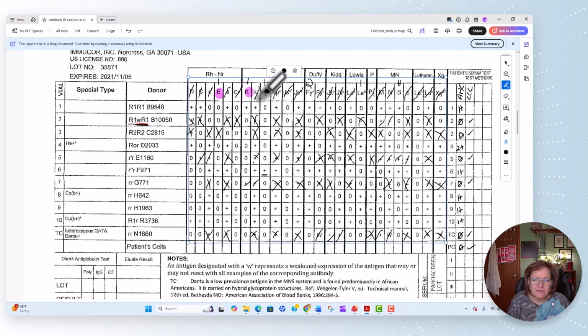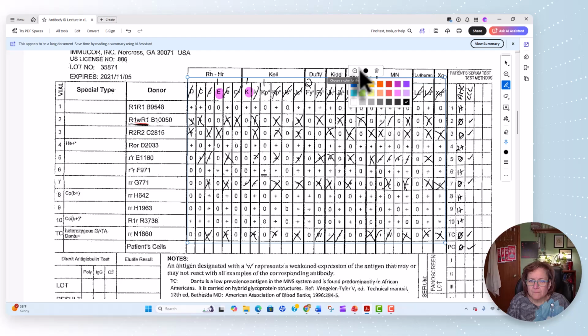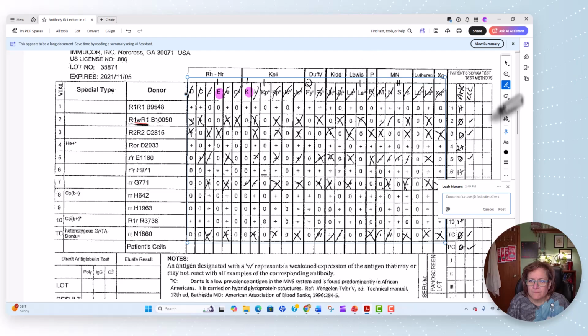Oh, come on. Why isn't it letting me highlight? I hate it when it does this. Okay, maybe this will work now.